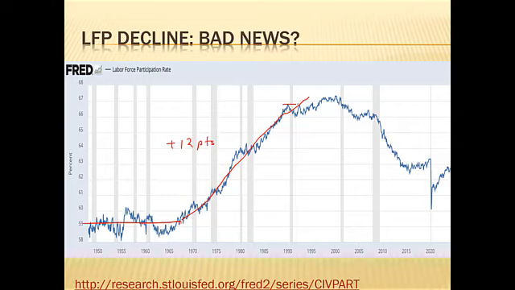It stays pretty flat at about 67% through the 90s and early 2000s. We have the recession in 2001, and we see a little bit of drop off, then it stabilizes again in the later 2000s. Then in the recession of 2008, 2009, this really drops off a lot. So we go from 66% to 63%.